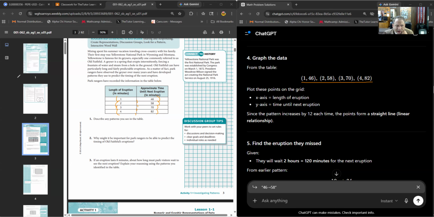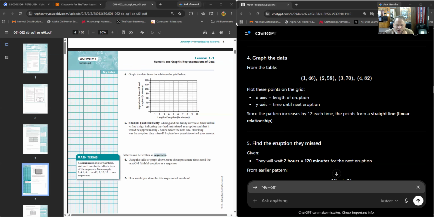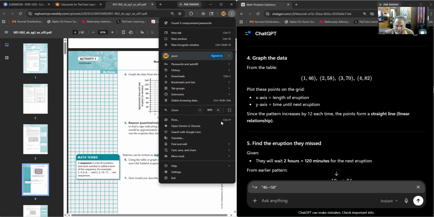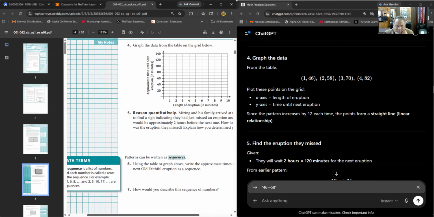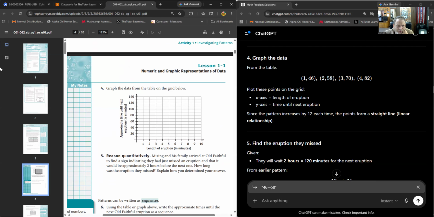And remember what I was telling you about it makes a linear line going up on your X and Y axis. Well, here we are. Let's see if I can get this a little bigger, guys. All right, so we're going to plot 1 and 46.